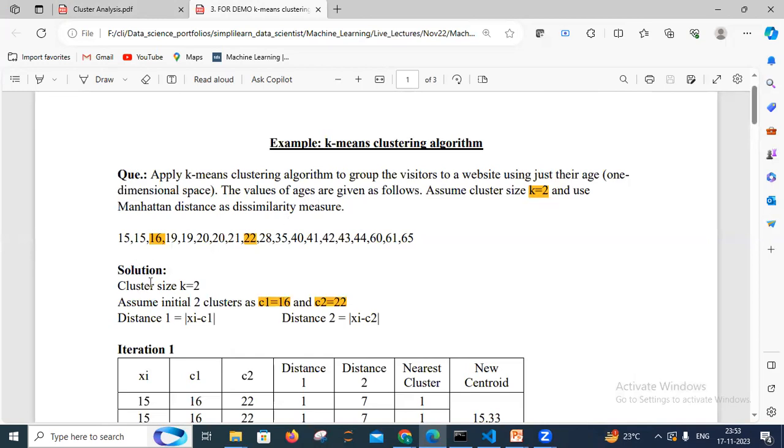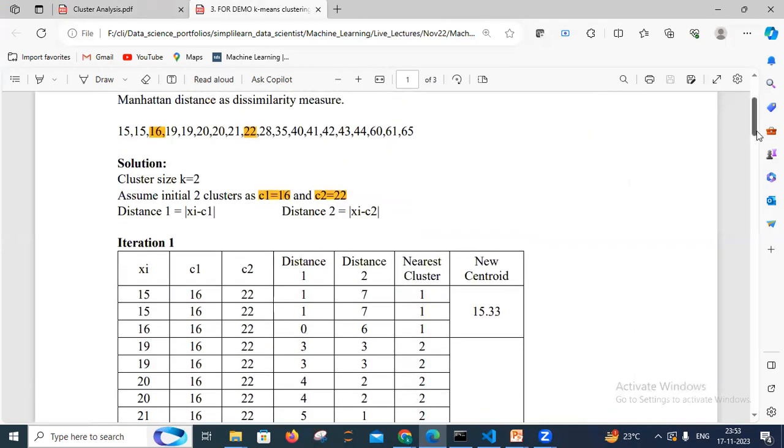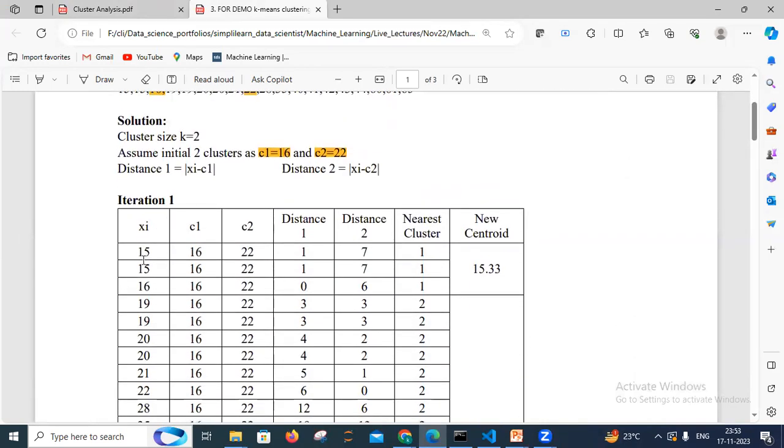So we have two clusters, and assuming the initial two centroids are 16 and 22. In this table, for the iteration, 15 is C1 and 16 is C2. There are different kinds of distances.